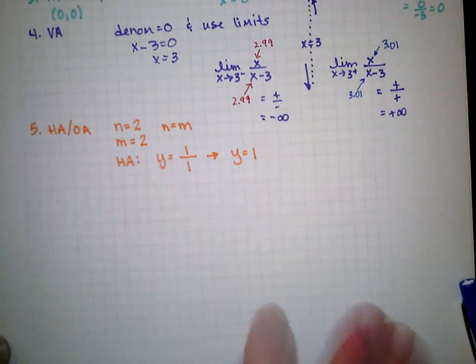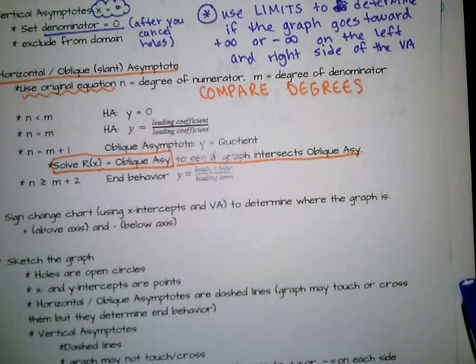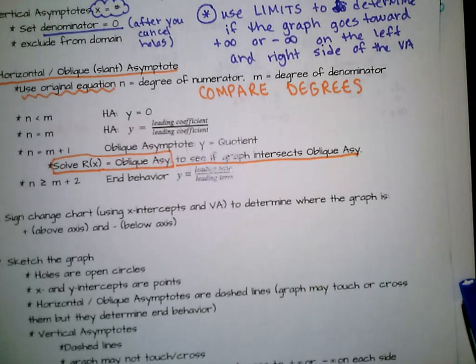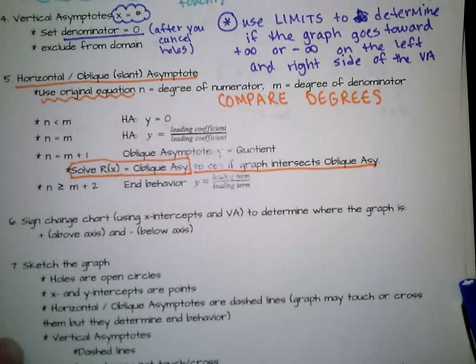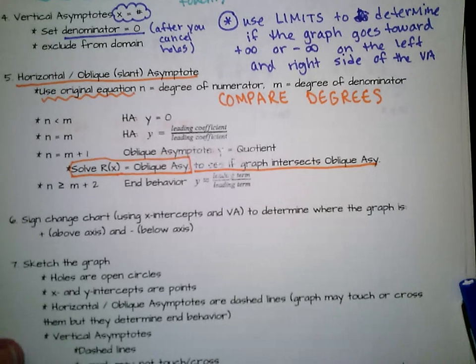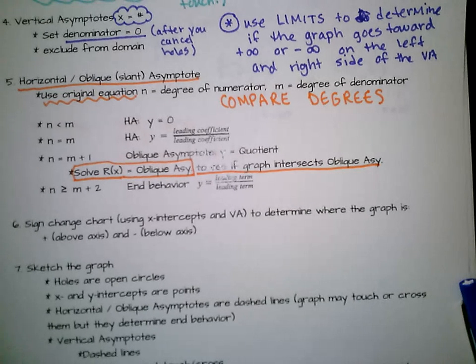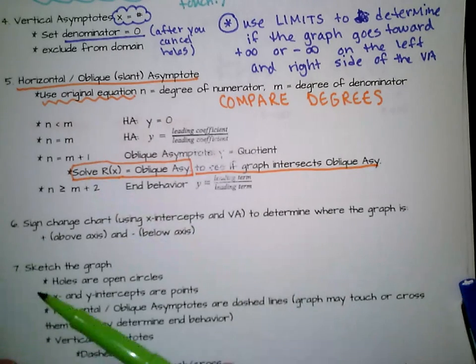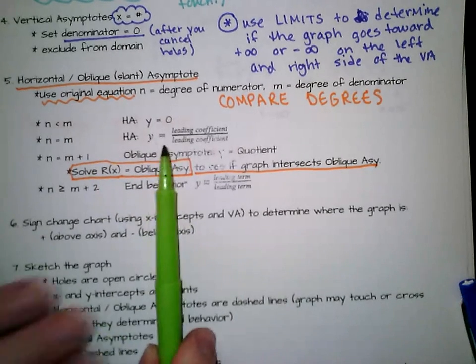So let's see. What's next on here? Sign change chart. With a rational function, the graph can only cross the x-axis at a certain number of locations. It's allowed to cross the x-axis where there is an x-intercept, like all functions are. It's also allowed to be below the x-axis, then at a vertical asymptote be above on the next side of it.